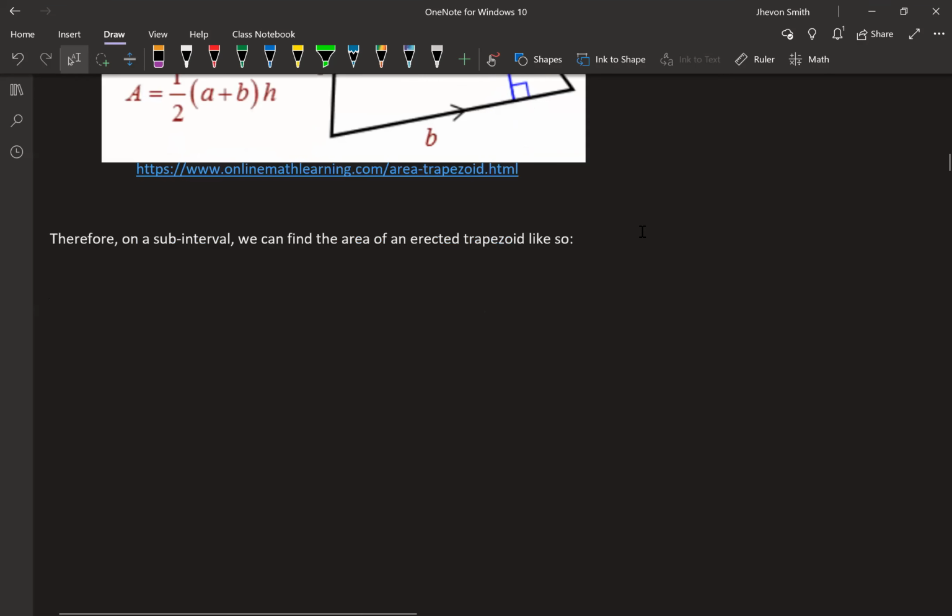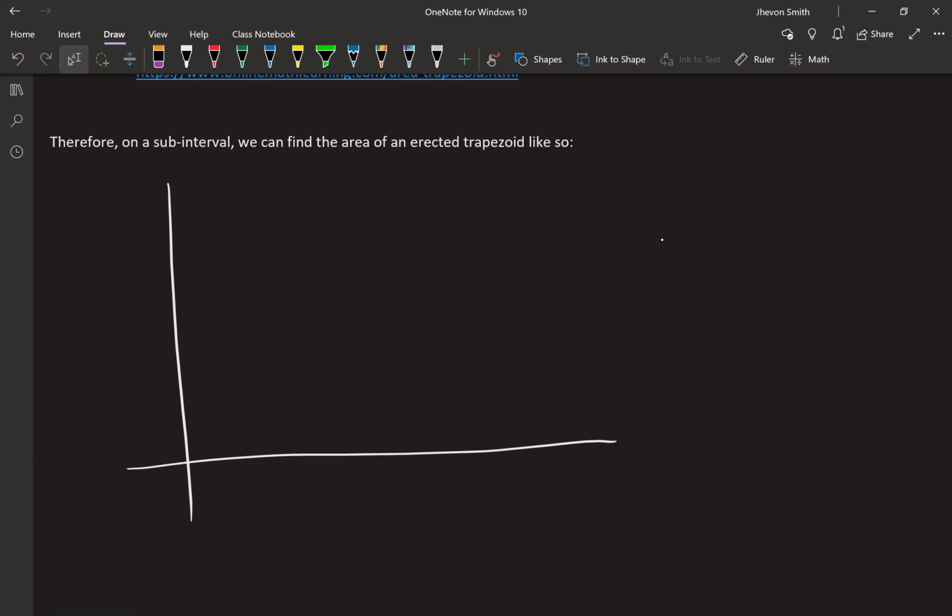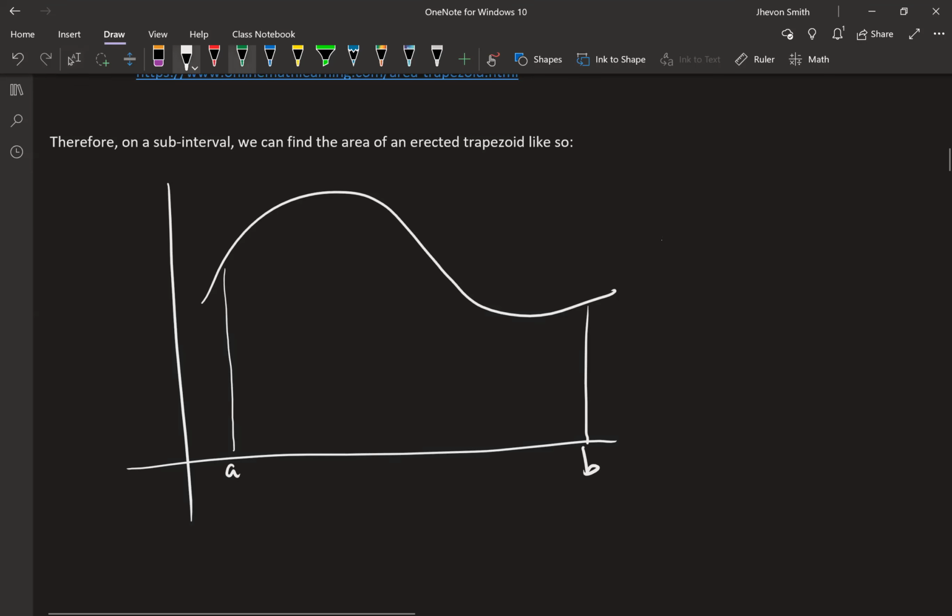The idea here is that on the subinterval, so you have some curve here. Basically, you want to find the area under the curve between a and b. The idea is the same thing, set up our subintervals as we did before, but this time instead, we're not going to use rectangles at all.